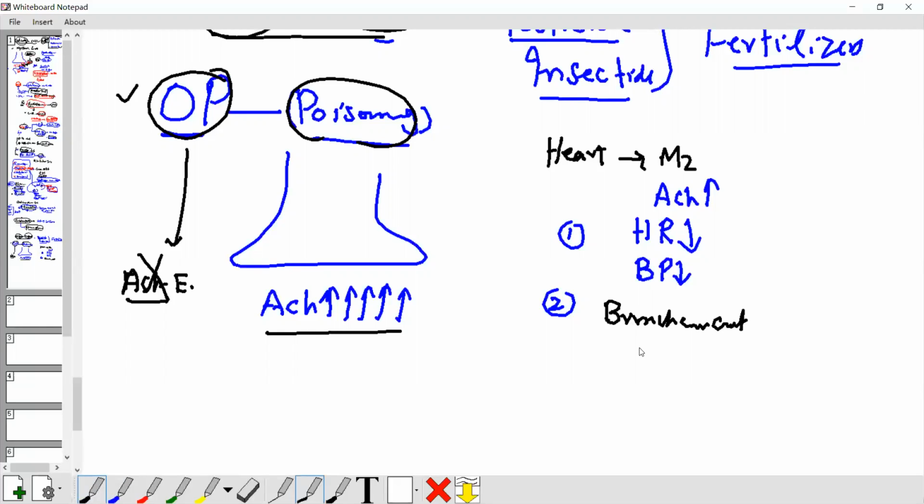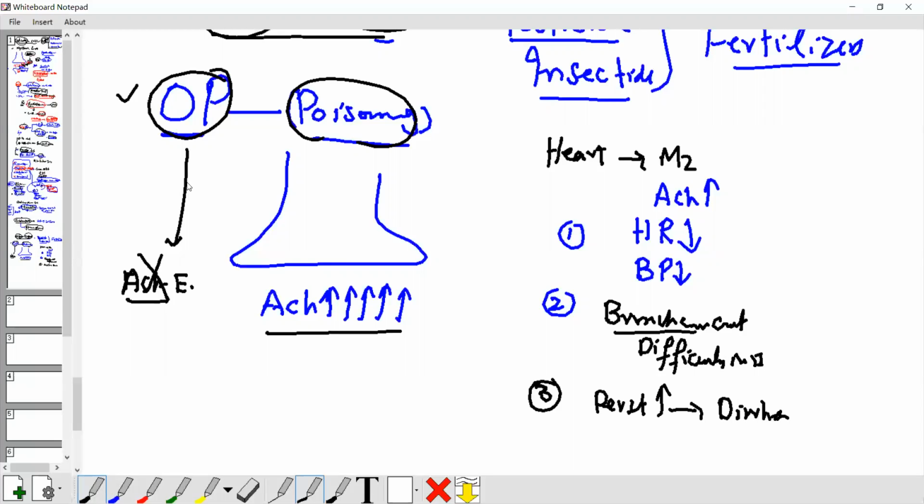With bronchoconstriction, air entering the airways is very hard, so there is difficulty in breathing. What happens with the GIT? Peristalsis increases, leading to diarrhea.